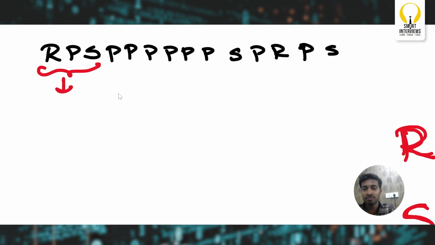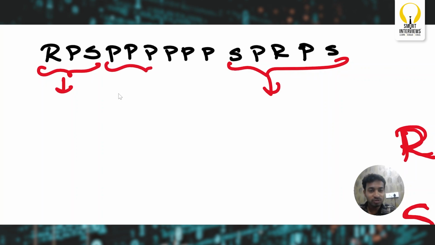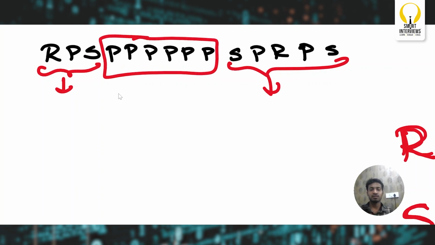Again, all the moves that you're going to make after this are going to be different. Now what about these? What are the moves that you're going to make? What is the maximum number of games that you can win in this particular segment? I can win all the games here, but in this segment, how many games can I win?